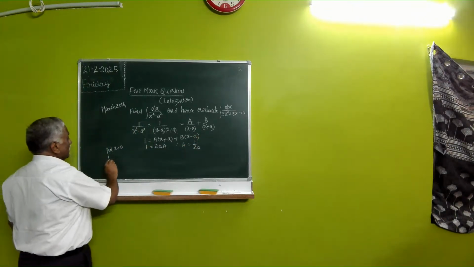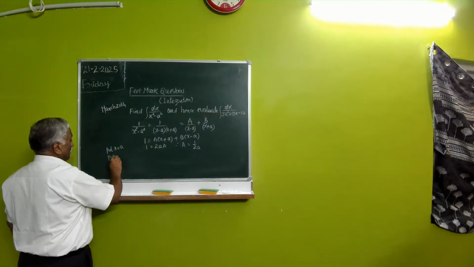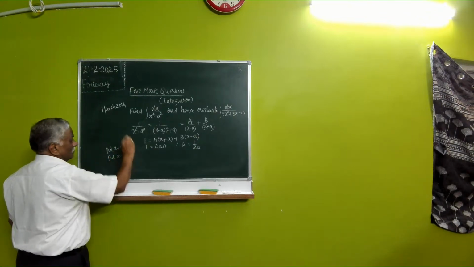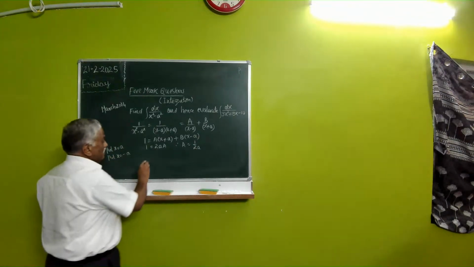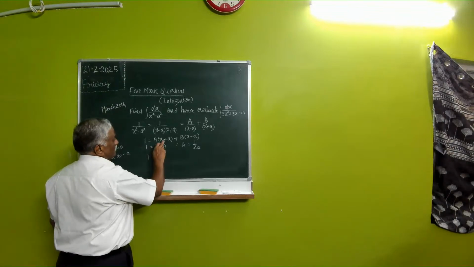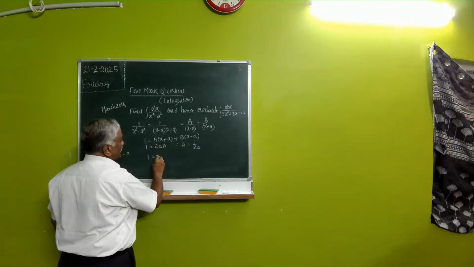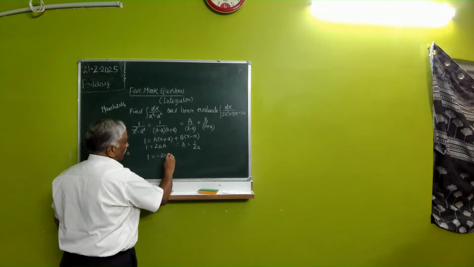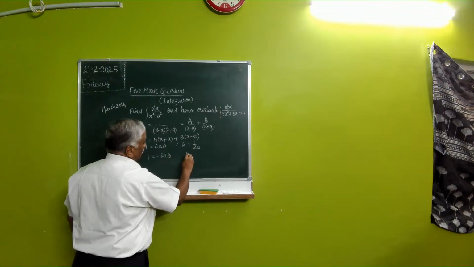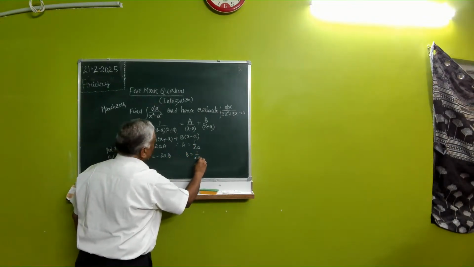Put x is equal to minus a. 1 is equal to, this will become 0, this is minus a and minus a, minus 2a into b, therefore b is equal to minus 1 by 2a.